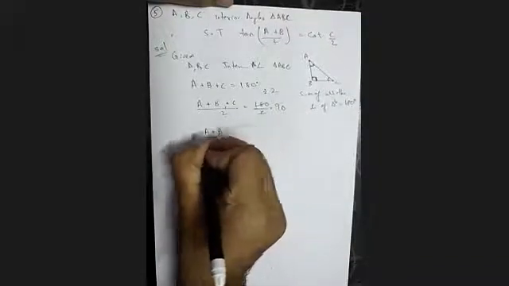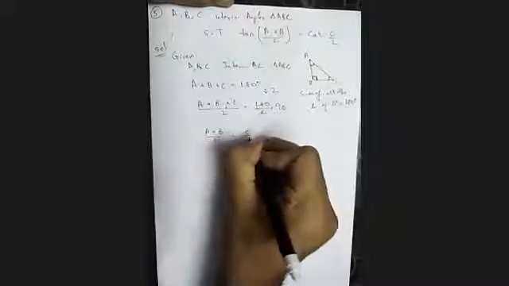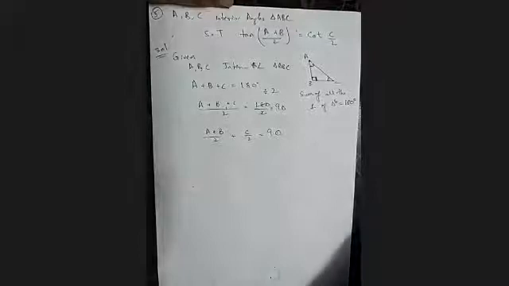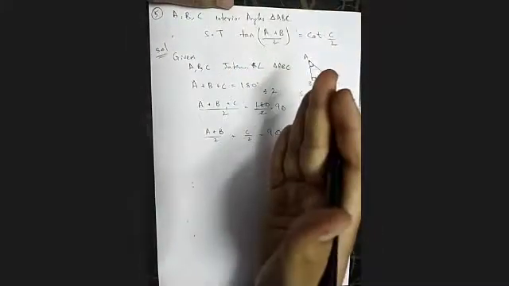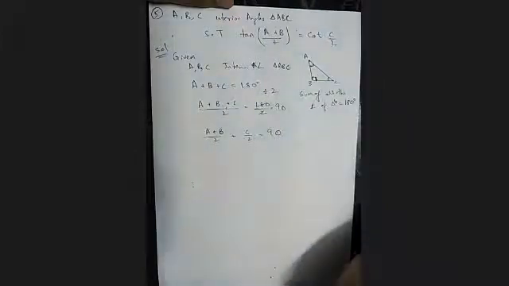A plus B by 2 plus C by 2 is equal to 90. Is it clear? Yes, I can split it. We have learned this in our class 8.